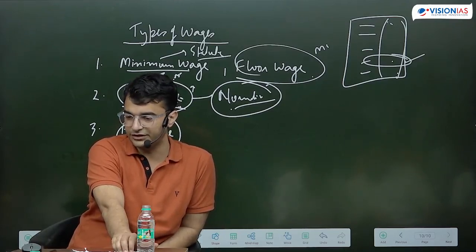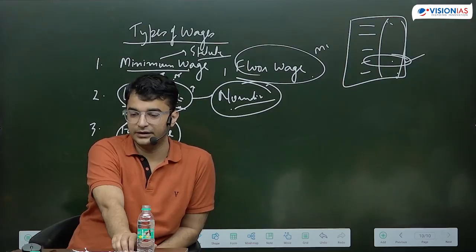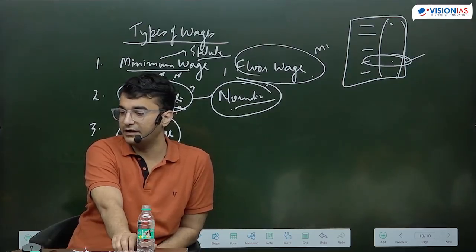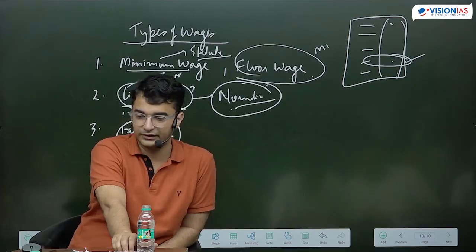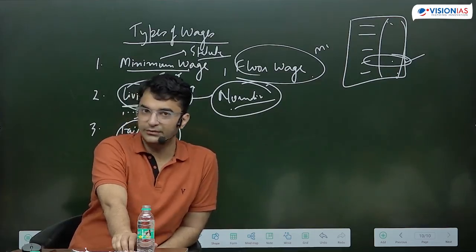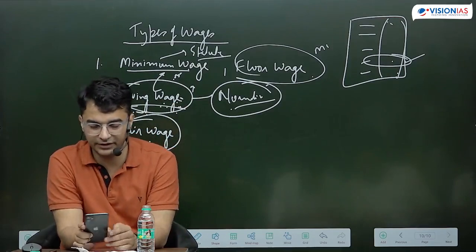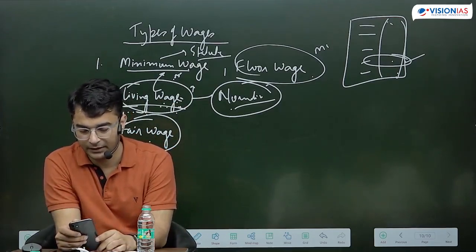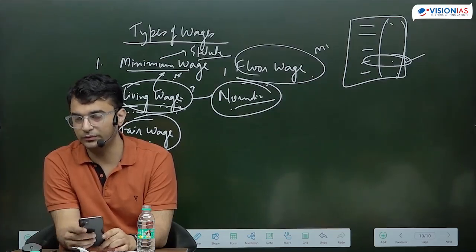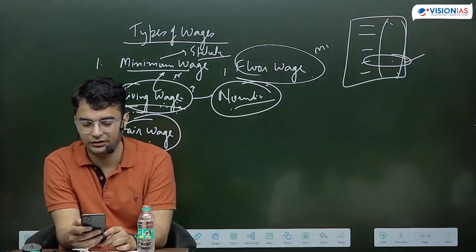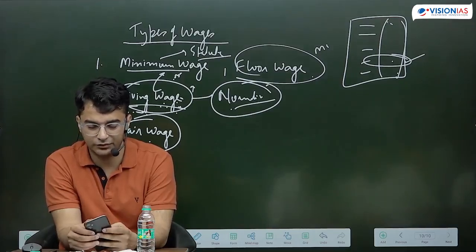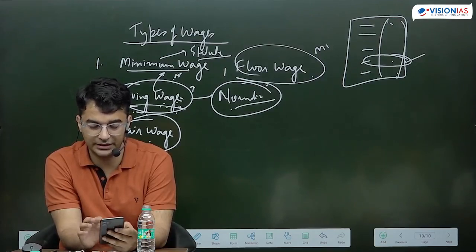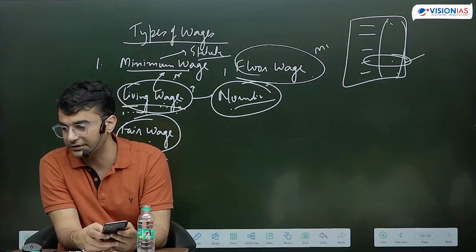So next, write fair wage. FAIR, not the fare of rent. Fair wage. A minimum wage might be too low to be acceptable to the workers.